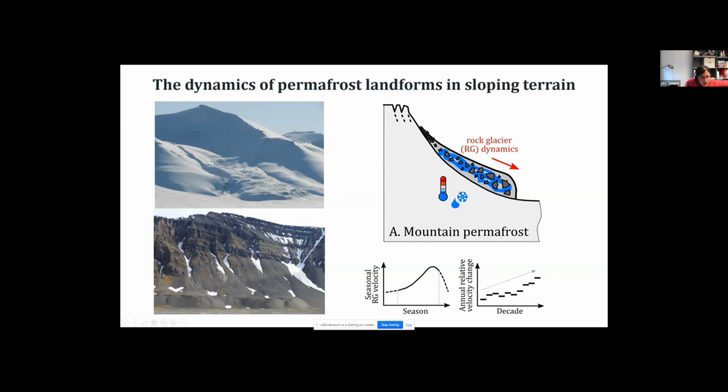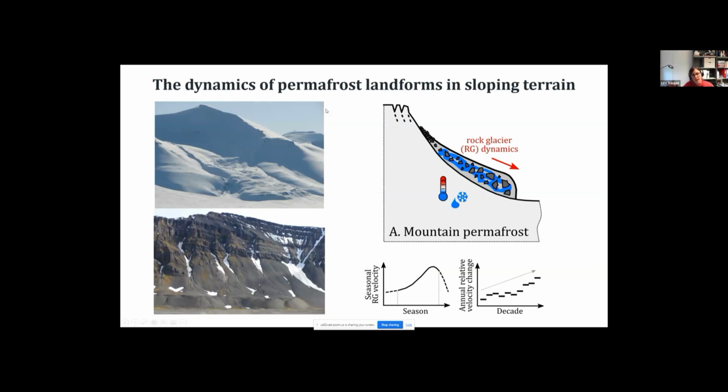Another kind of application is sloping terrain, and I have mostly worked with rock glaciers. That's why I'm presenting some examples with rock glaciers, but of course you can imagine using InSAR for different processes.